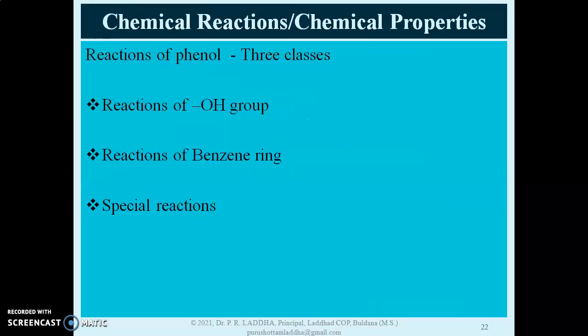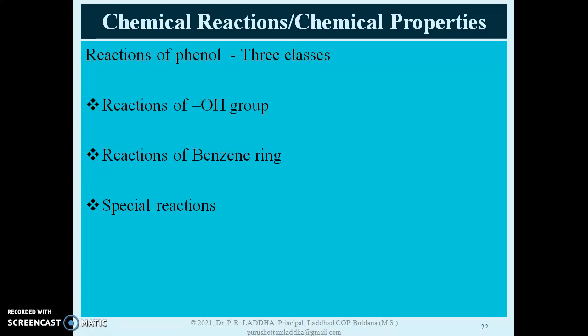We can divide the chemical reactions of phenol into three classes. We know in the structure of phenol there is a benzene ring and an OH group directly attached to that benzene ring. Phenol is nothing but hydroxybenzene.